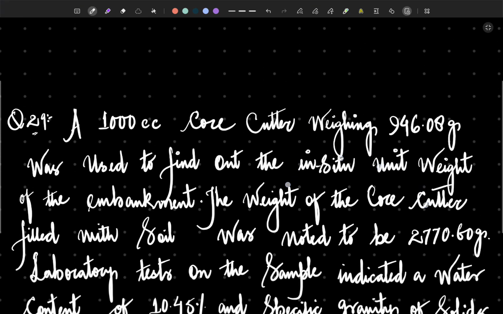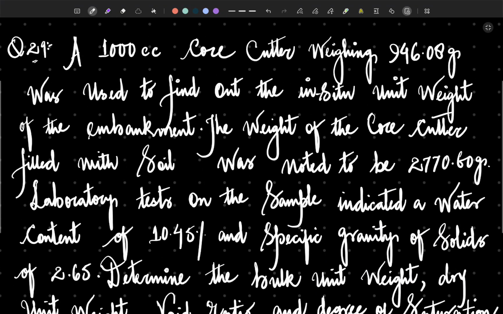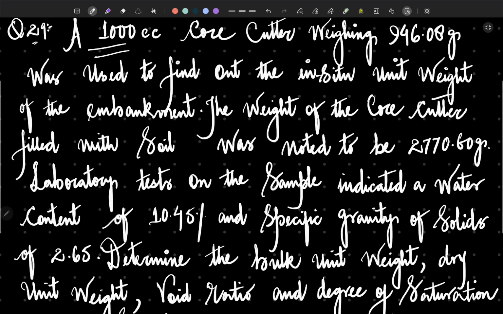Alright, the next question is a 1000 cc core cutter. Let's read out the question and then we'll be solving it as well. A 1000 cc core cutter weighing 946.08 grams was used to find out the in situ unit weight of the embankment.